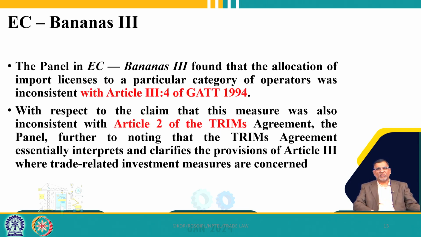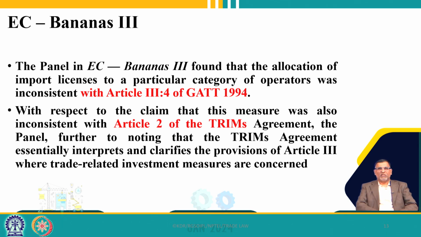So, similarly, you can see some more cases as well, the EC Bananas 3 case. Here the question was with regard to licenses. Everybody knows that before 1995 the license Raj system was implemented in most of the countries, including India. With the advent of the WTO in 1995, the license Raj system was abolished.